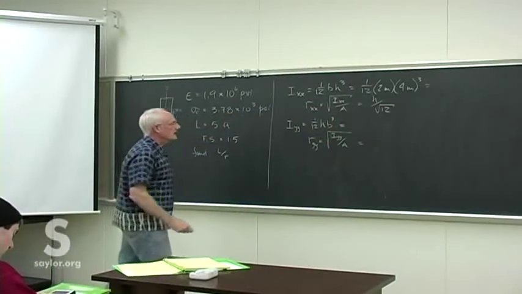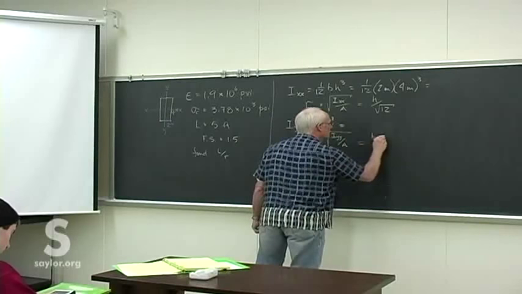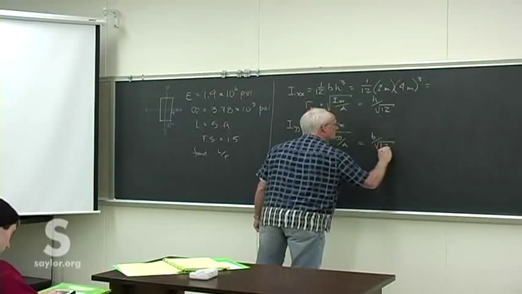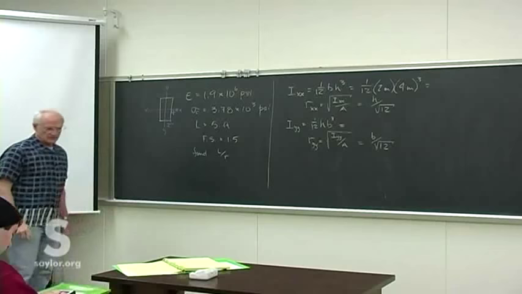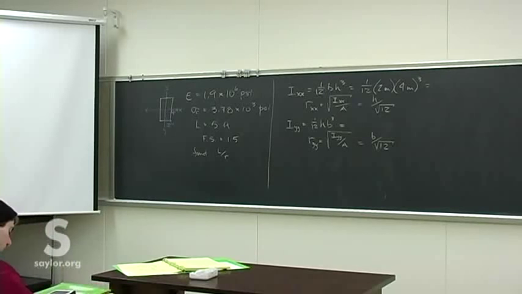The fact that it reduces to h over the square root of 12, and that reduces to d over the square root of 12, tells you right there which one's the lesser.